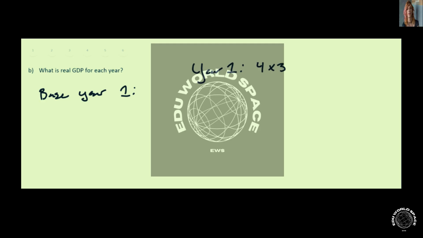It's a price of 4 times a quantity of 3 equals 12. For year 2, we have a price of 4, the base year price, times the quantity we produced in year 2, which is 4 equals 16. And for year 3, we have the same price times the quantity we produced in year 3, which equals 20.